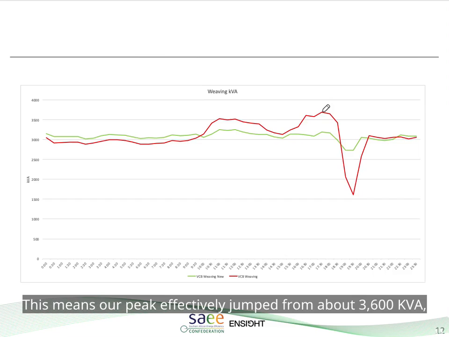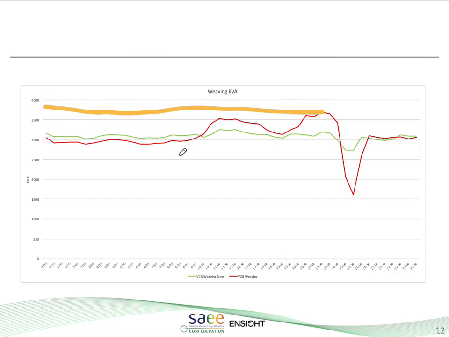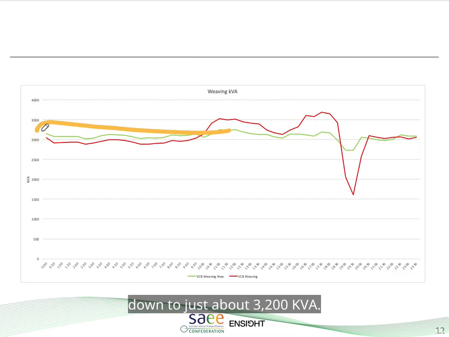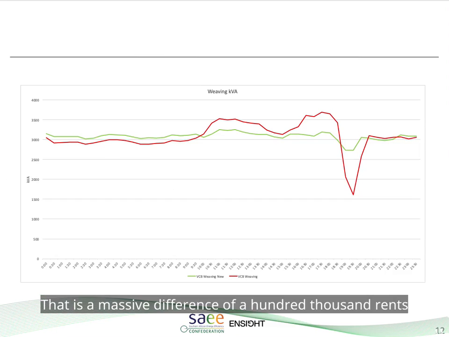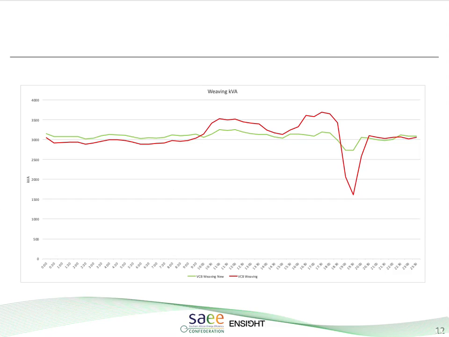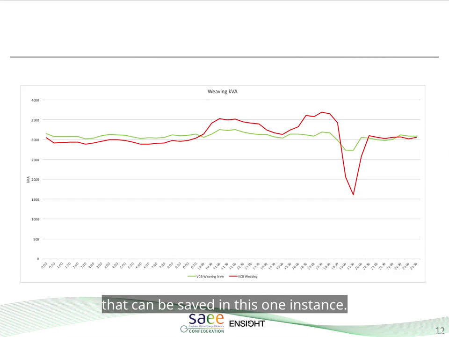This means our peak effectively jumps from about 3,600 kVA down to just about 3,200 kVA. That is a massive difference of 100,000 rands that can be saved in this one instance.